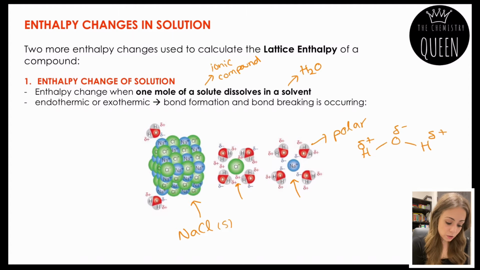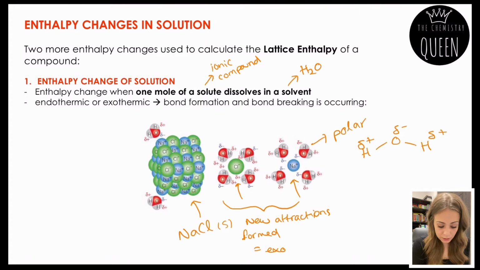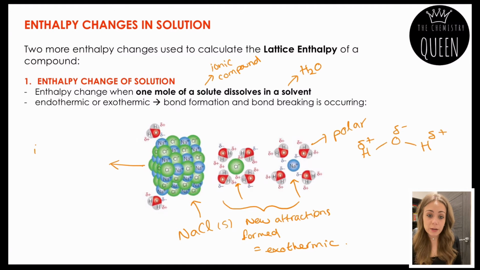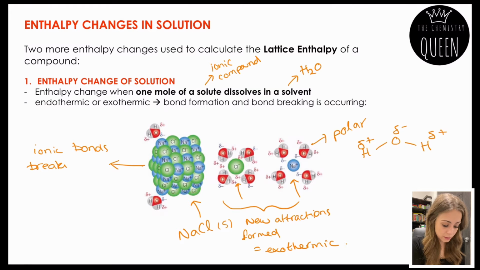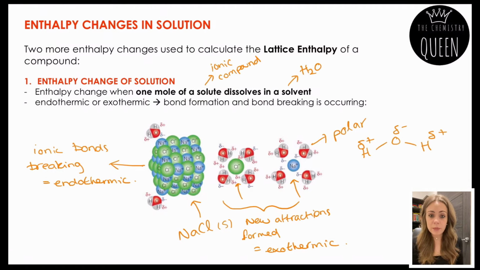We have new electrostatic attractions being formed, and forming these new attractions is an exothermic process, so it releases energy. In the process we're also breaking down the solid ionic compound, so we're bond breaking so that the ions can become free to move within the water, which is an endothermic process. Hence why the overall enthalpy change of solution can either be endothermic or exothermic.